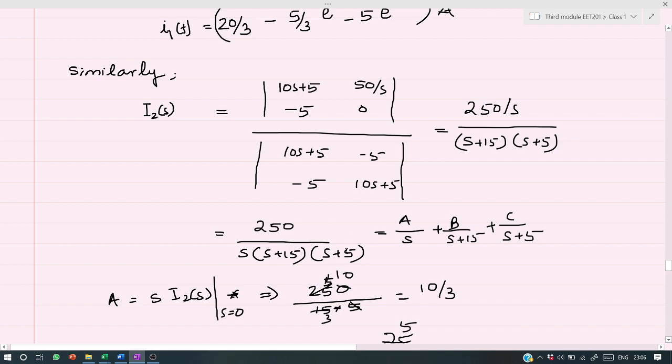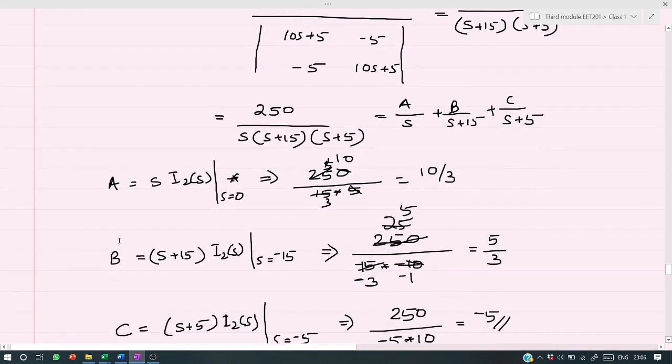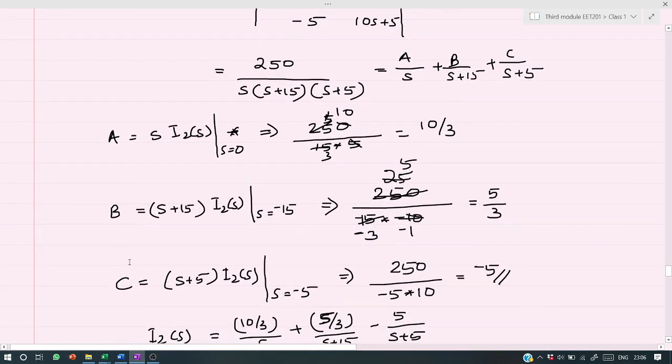This equation can be written as A by S plus B by S plus 15 plus C by S plus 5. As discussed in the solution of I1 of S, we find A as 10 by 3, B as 5 by 3 and C as minus 5. Now we can substitute these values in this equation.